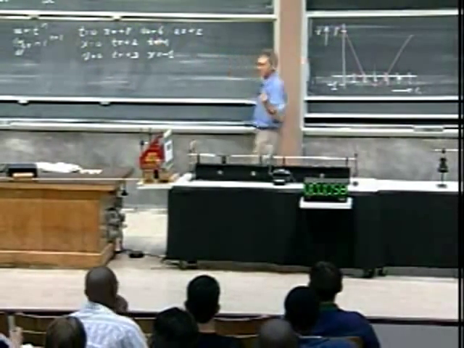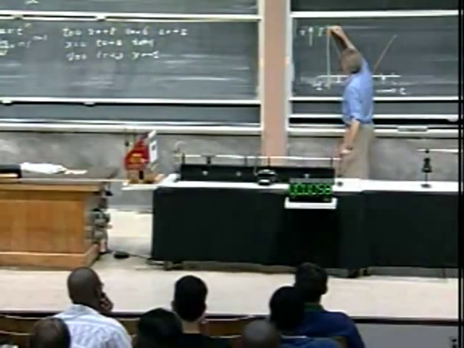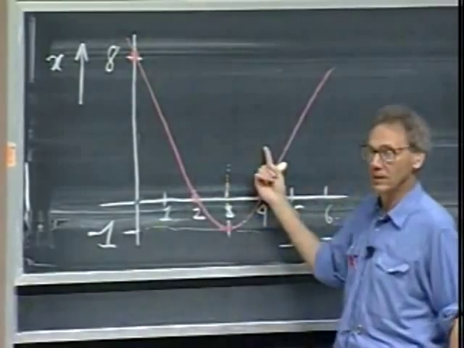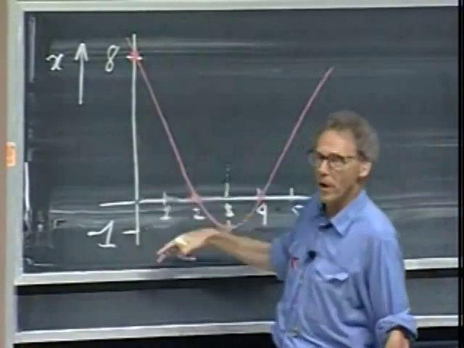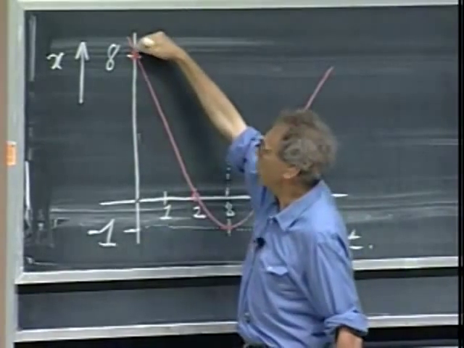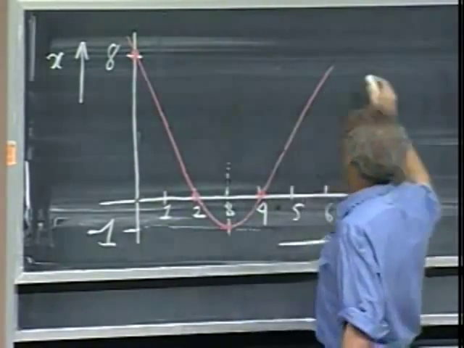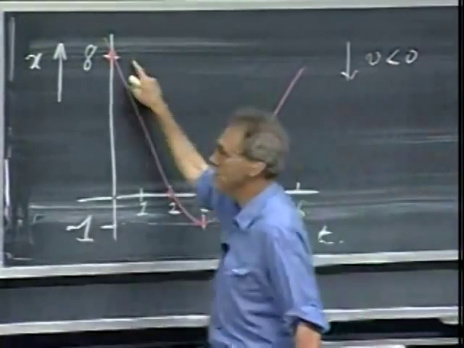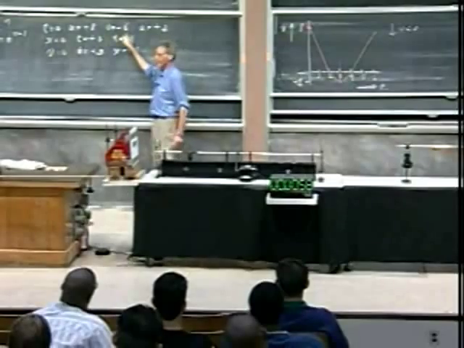You can see that. The object at t equals 0 is here. The object is never here. This is the road, the one-dimensional track on which the object is sitting. The object is here, and it starts going in this direction. If it starts going in this direction, the velocity must be less than 0. And indeed it is. It's -6.